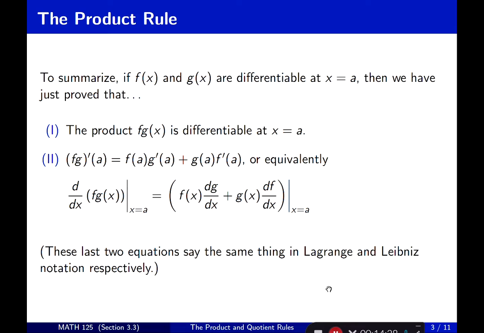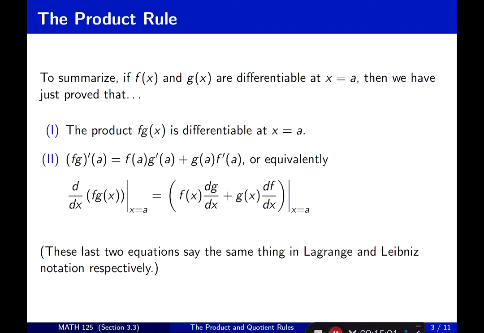And then Leibniz notation: the derivative of fg of x with respect to x evaluated at a is equal to f of x times the derivative with respect to x of g plus g of x times the derivative of f with respect to x, and the entire thing evaluated at x equal to a.